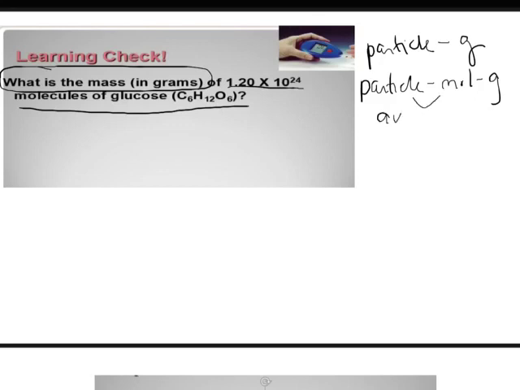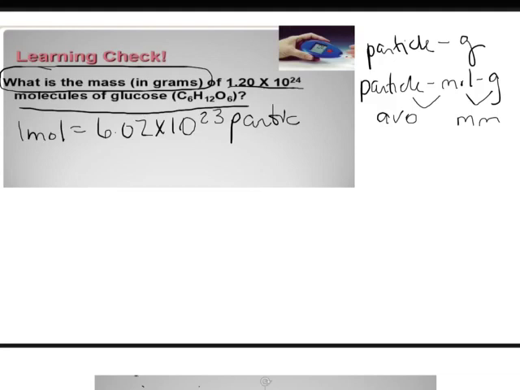Avogadro's number, and the second one I'll need molar mass, MM. All right, so we already know Avogadro's number. That is in 1 mole of any substance, there's 6.02 times 10 to the 23 particles. Okay.